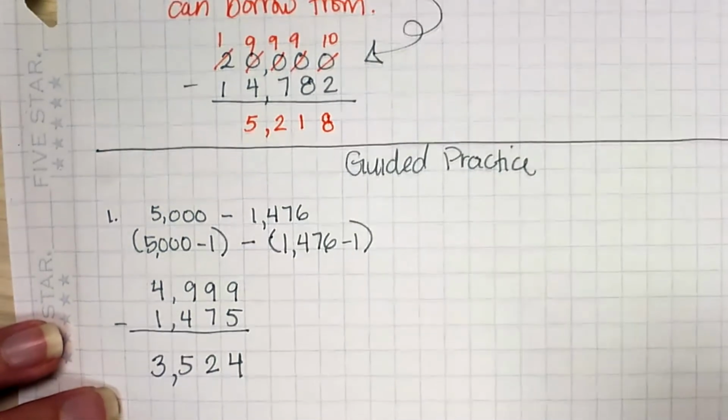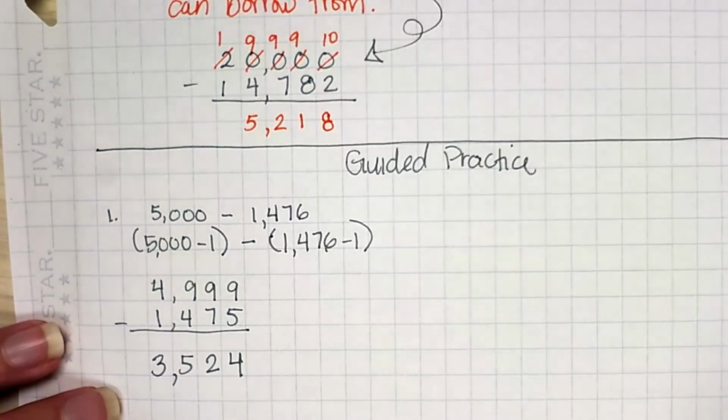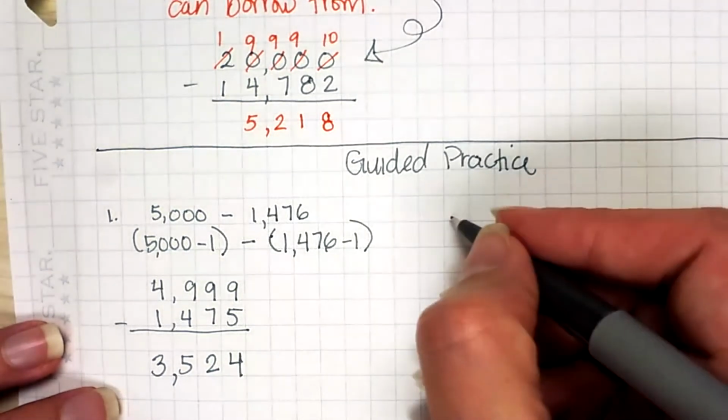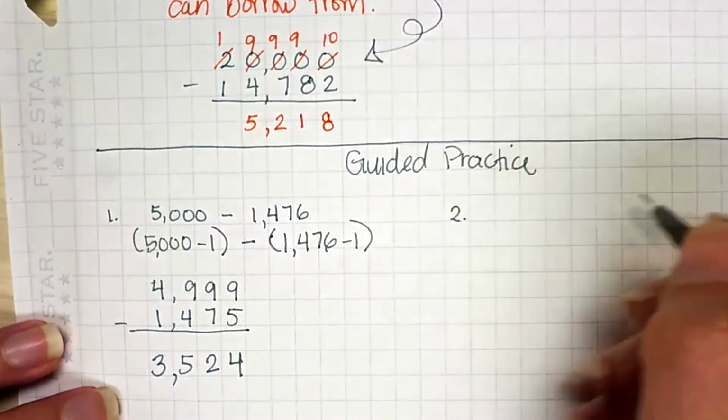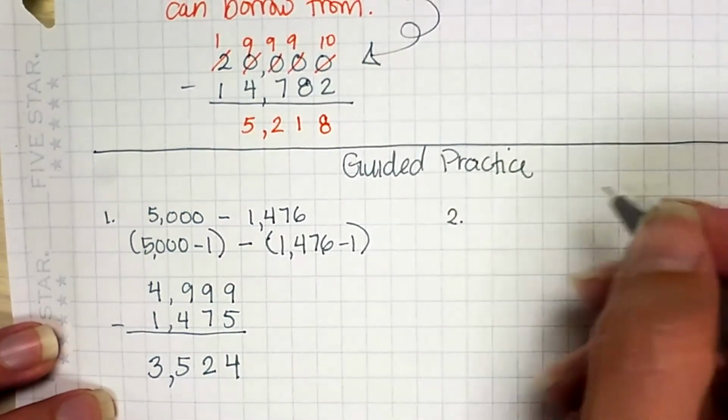For number 2, it says one passenger flew 11,033 kilometers from Oslo to Lima. Another passenger flew 8,593 kilometers from Oslo to Los Angeles. How many more kilometers was the flight to Lima? So over here, again, we're doing our subtraction. So I'm going to put my number 2, and I'm going to stack my digits.